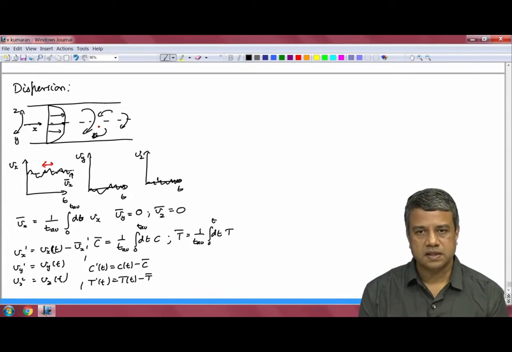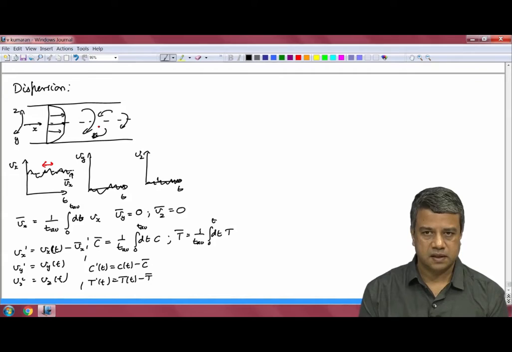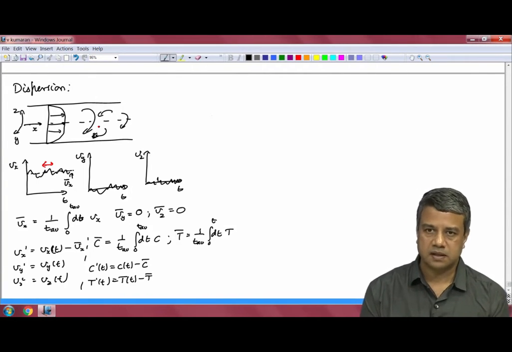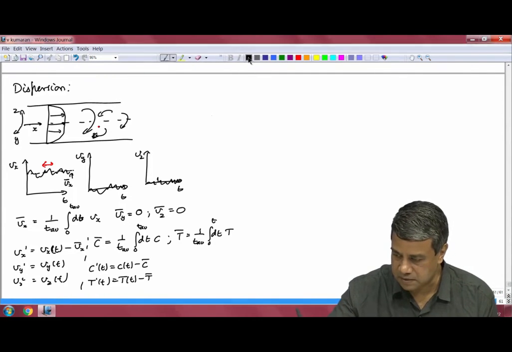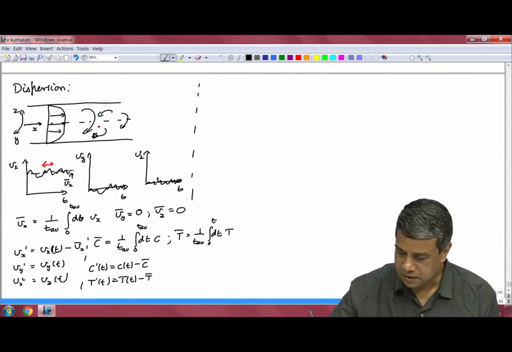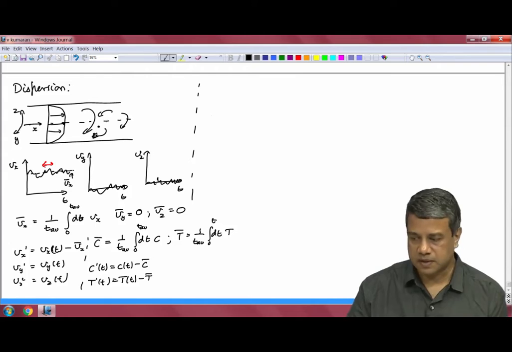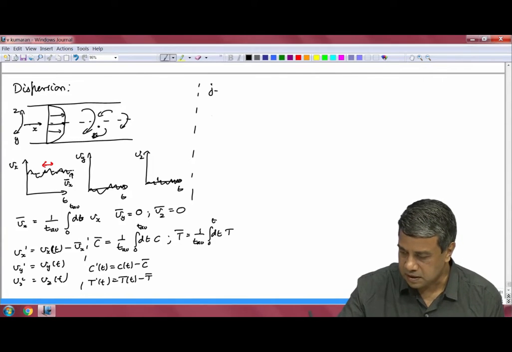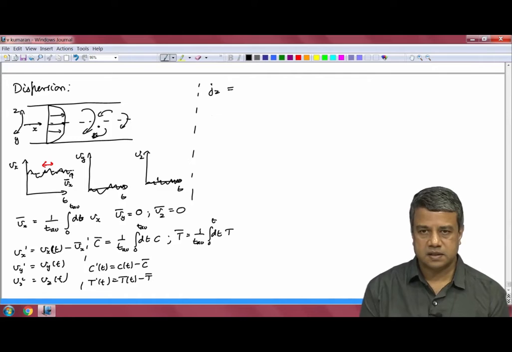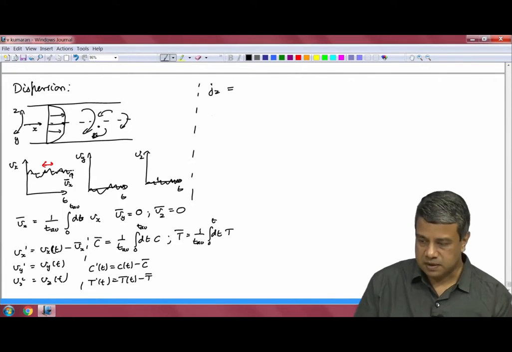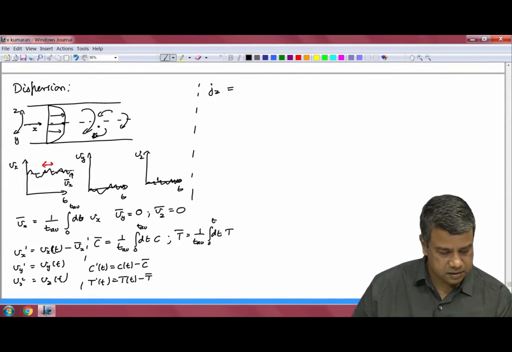Now, let us examine what is the flux at a point, say in the x direction. I will take the concentration flux, the mass flux, at a location. I am sorry, I will take the mass flux in the x direction.